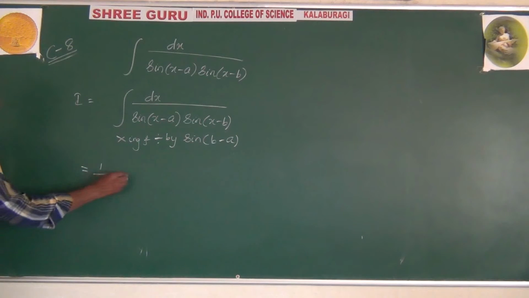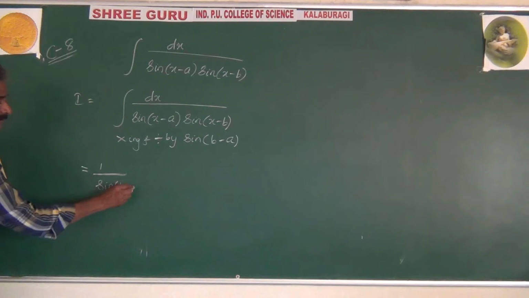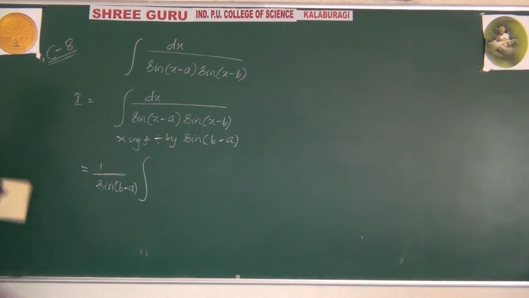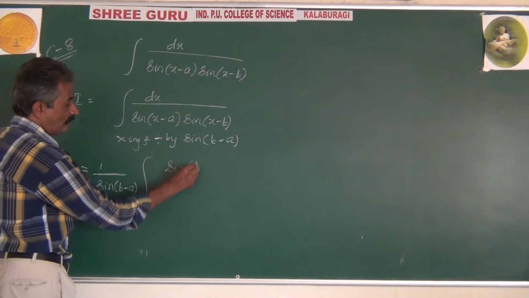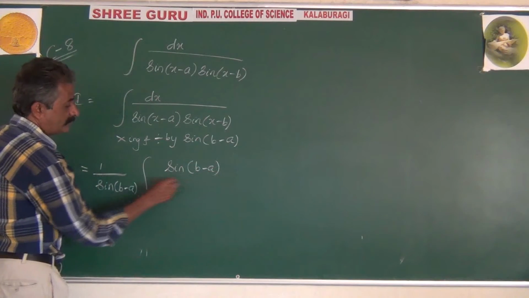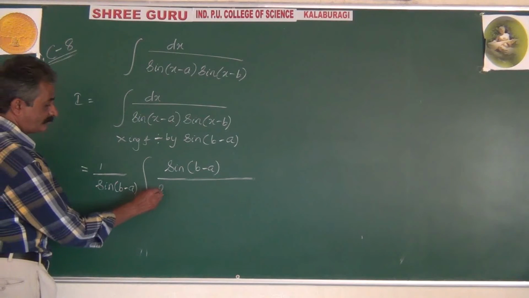So 1 by sin b minus a, inside the integration, multiply sin b minus a, divided by the same term in the denominator.